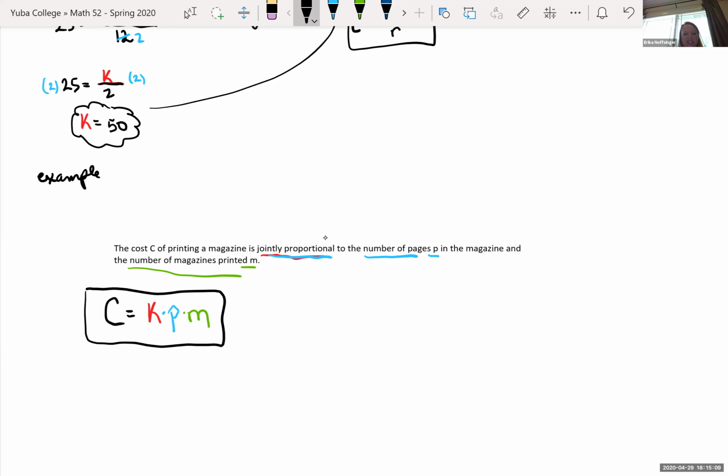Okay, so now we have the generic equation, and they're going to throw information at us so that we could figure out what K is and then answer anything else. So part A, and I might have already done part A, write an equation that expresses this joint variation. Yeah, we did it.